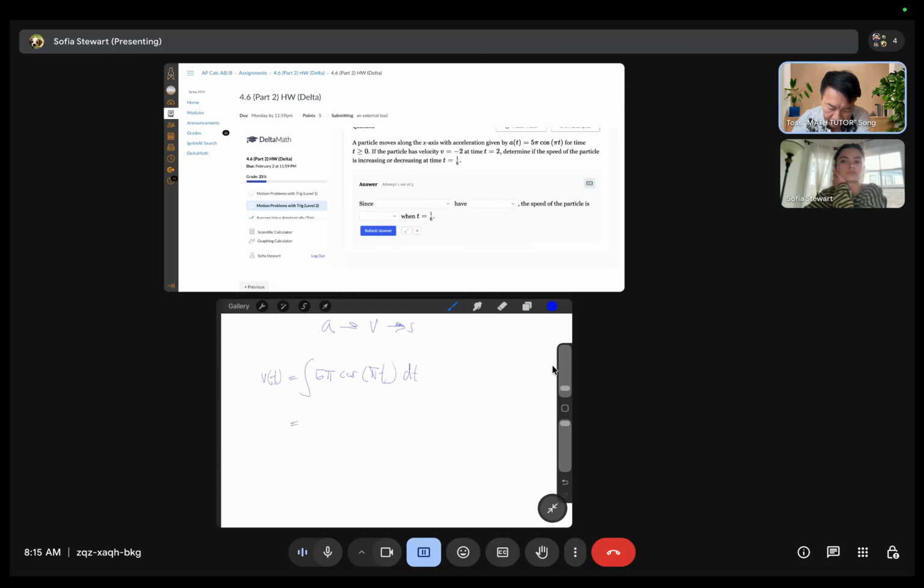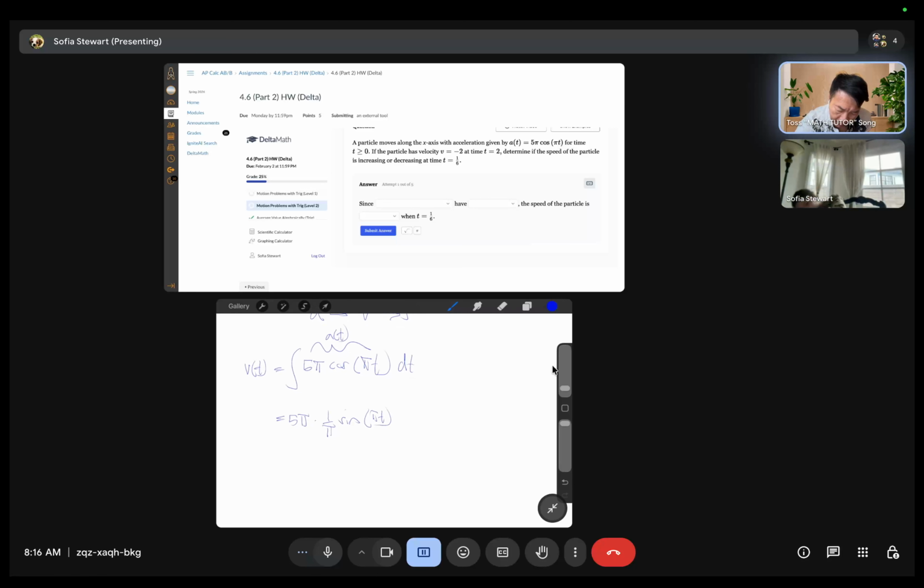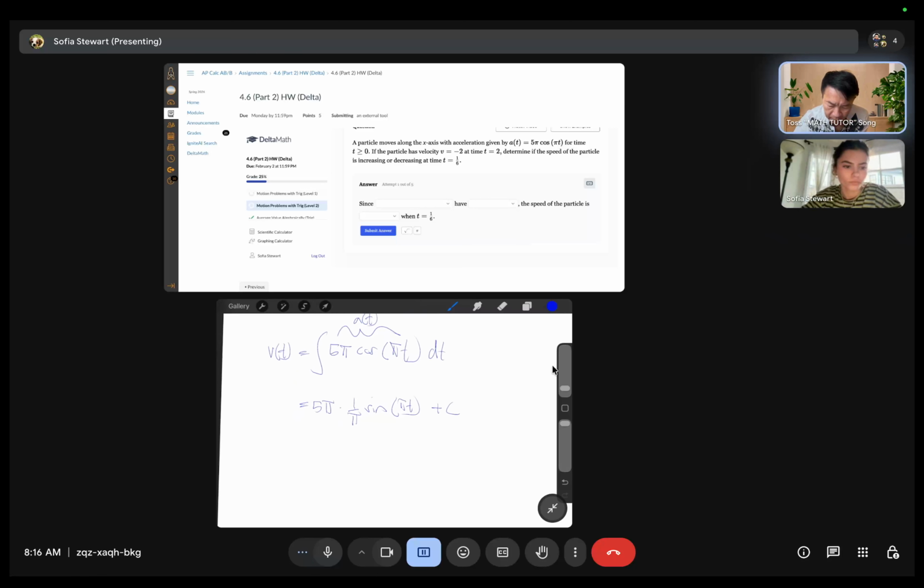So if I do this, you okay with this right now? This will be your acceleration, A of t. If you do that, you'll get 5 pi times 1 over pi sine of pi t plus c. We'll do substitution to find the c.